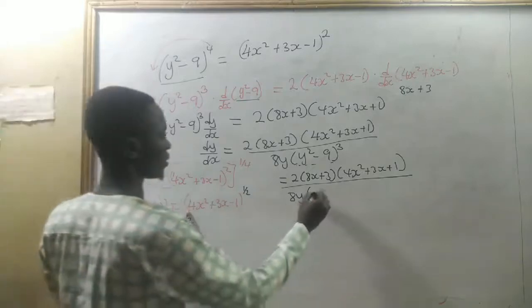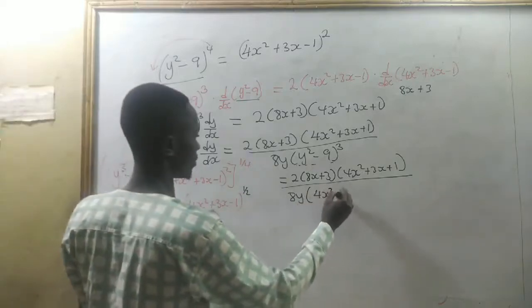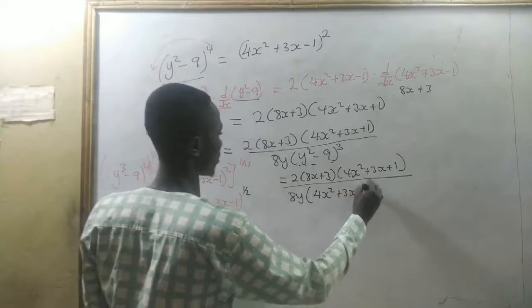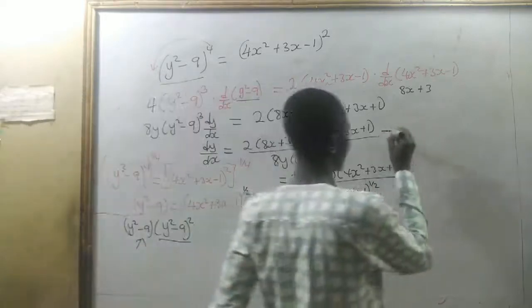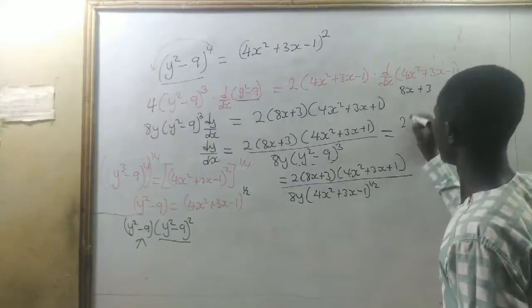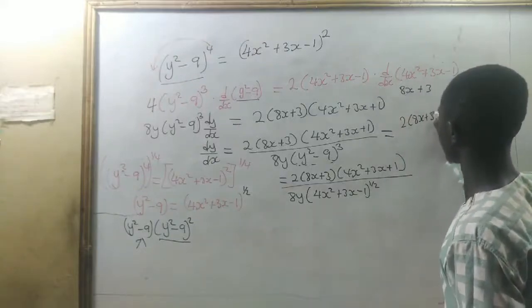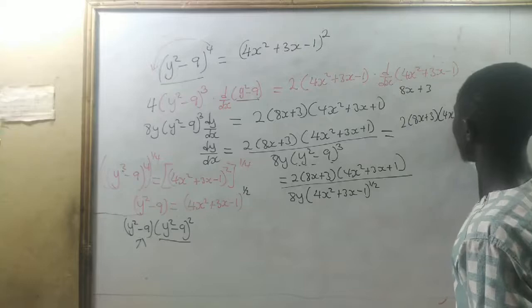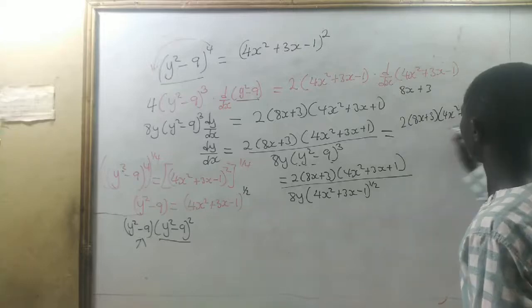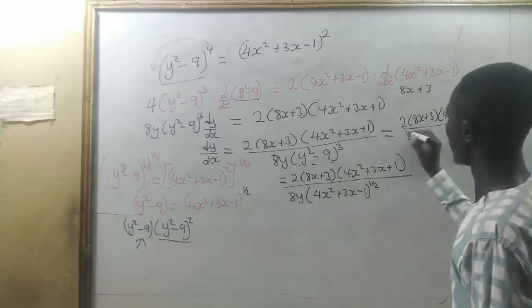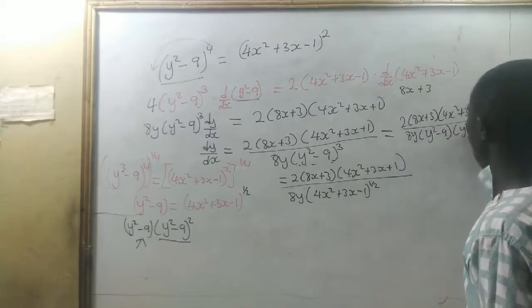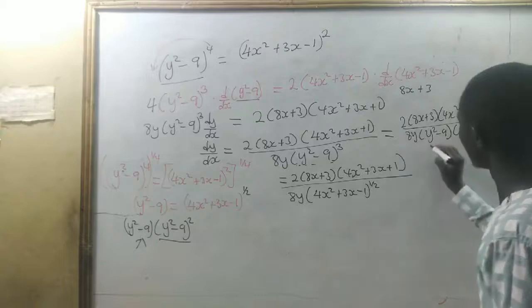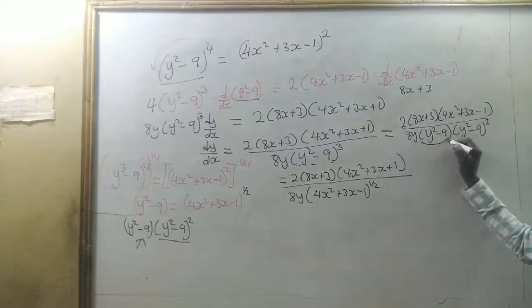So let me put it there. 4x squared plus 3x minus 1 to the power half. Remember that I've said that this is the same as writing 2 into bracket 8x plus 3 times 4x squared plus 3x minus 1 divided by 8y times y squared minus 9 times y squared minus 9 all squared. So now you've substituted for y squared minus 9.